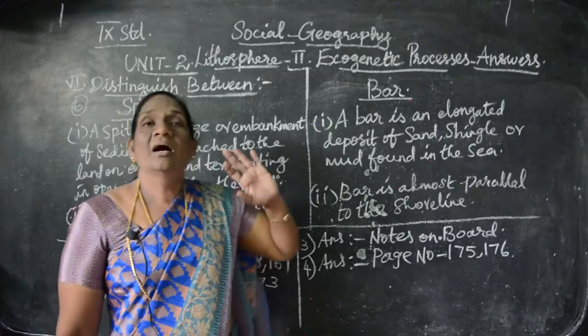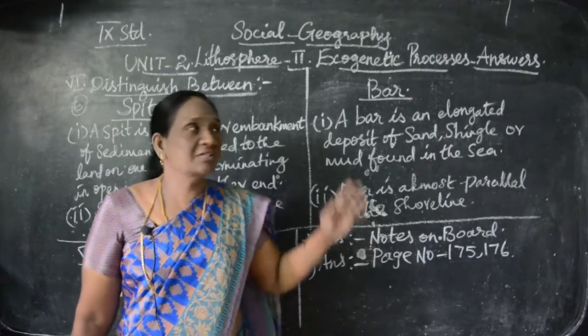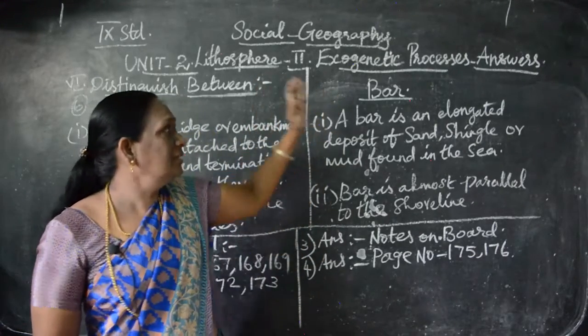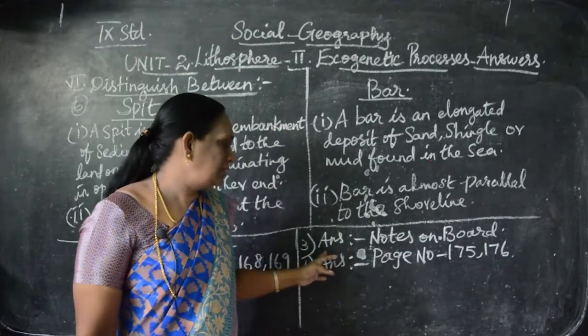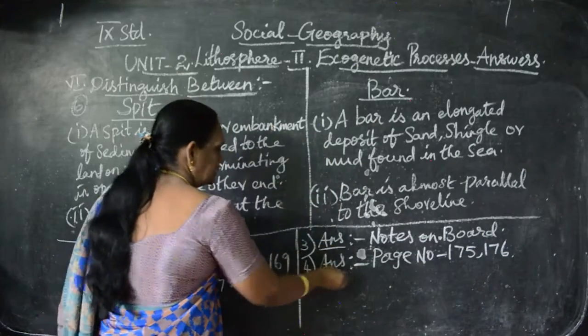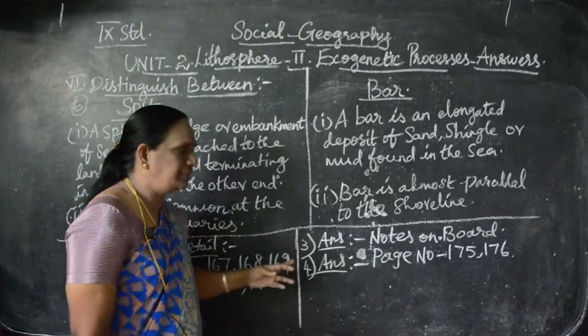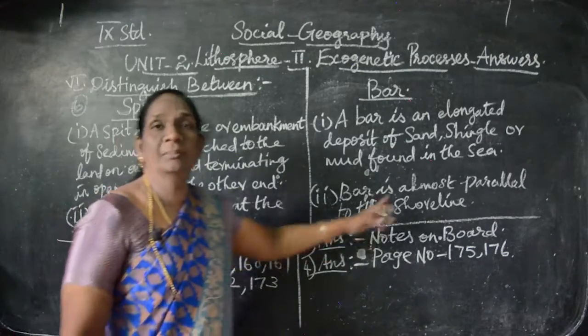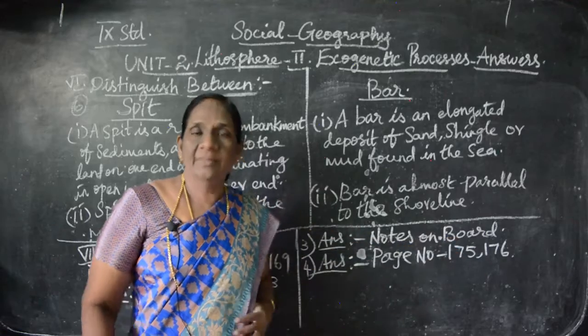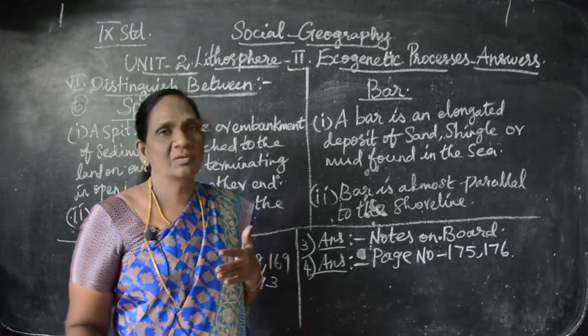Understand? Only in this lesson, exogenetic process la, all the answers I gave you except this third paragraph answer. This third paragraph only I didn't give you. Is it not? Yes? And notes on board அப்படின்னு miss எழுதியிருக்கேன். இப்போ next I'll give you the notes.